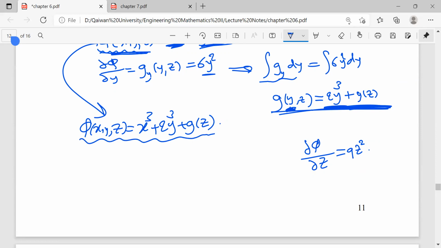That means the partial derivative of this function with respect to z equals 9z squared. The first term becomes 0 because you have no z in it. And the second term also becomes 0 because you have no z in it. In the third term, we have g of z. It becomes g prime of z. We say partial phi by partial z equals g prime of z.